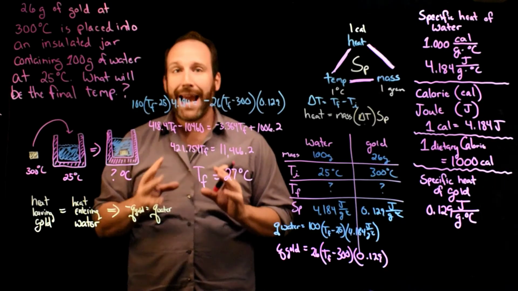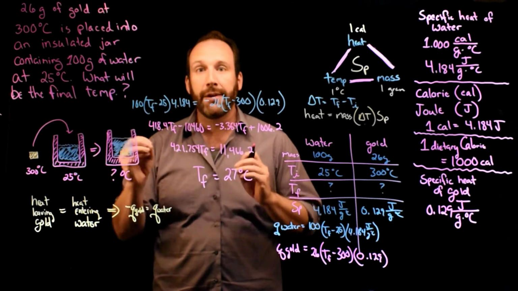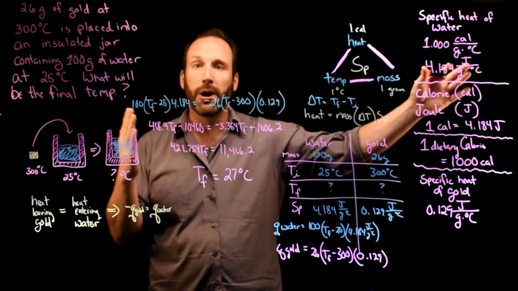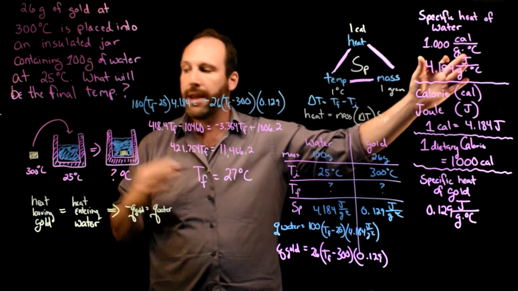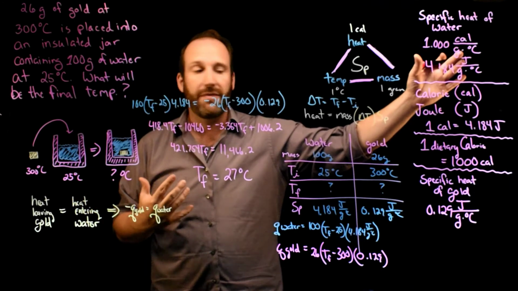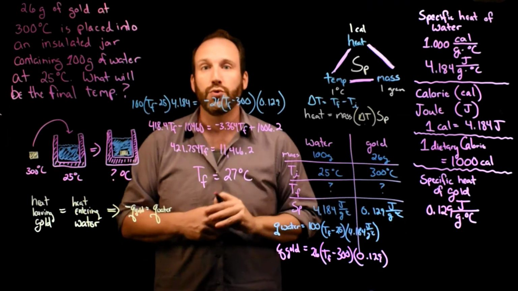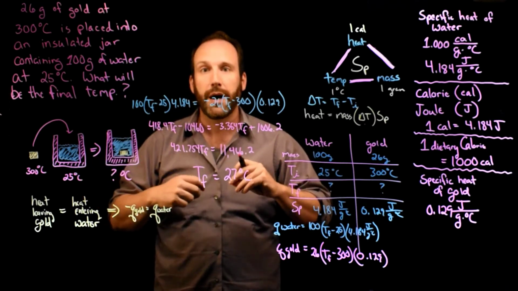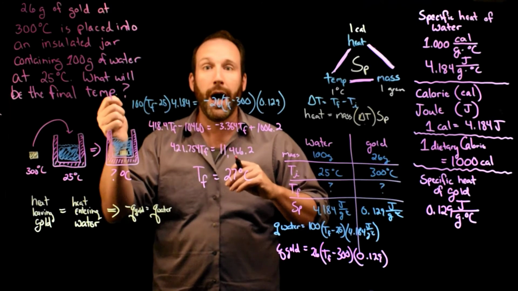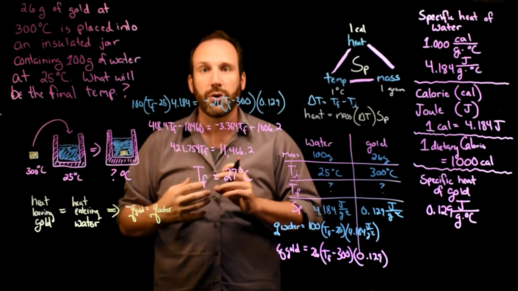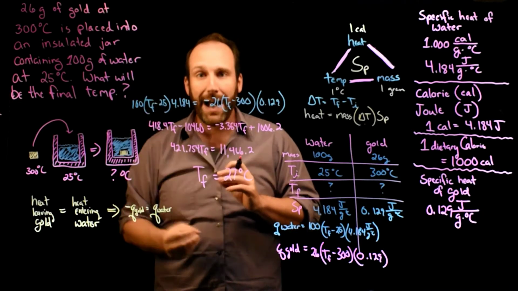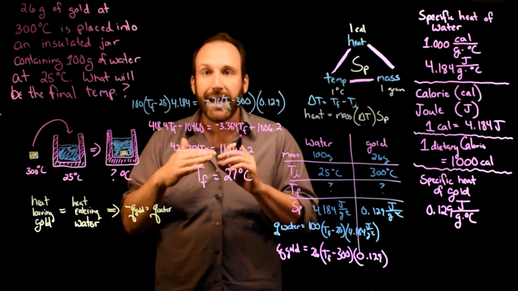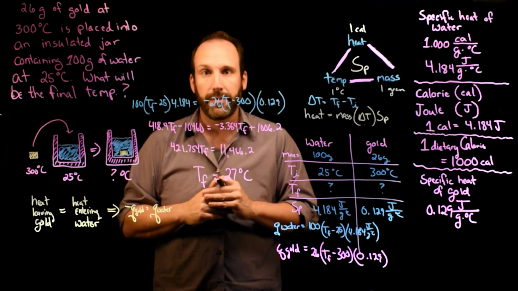That happens because water has a comparatively high specific heat, let's say 4 joules per gram degree Celsius, and gold has a pretty low specific heat, let's say just 0.1 joules per gram per degree Celsius. So the amount of heat that it takes to make gold's temperature go up, or that is released when gold's temperature goes down, is much less than the amount of heat that's required to raise the temperature of water, or that'll be released when water is cooled down.